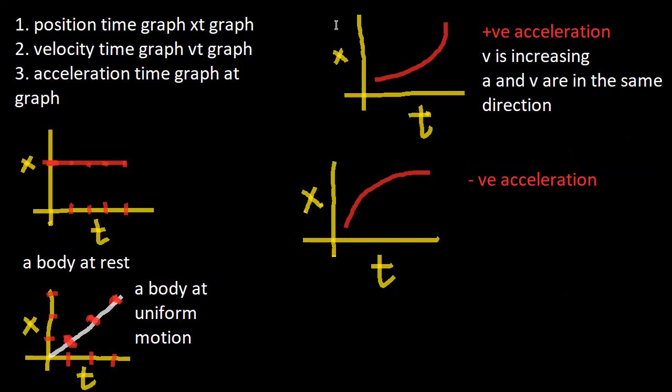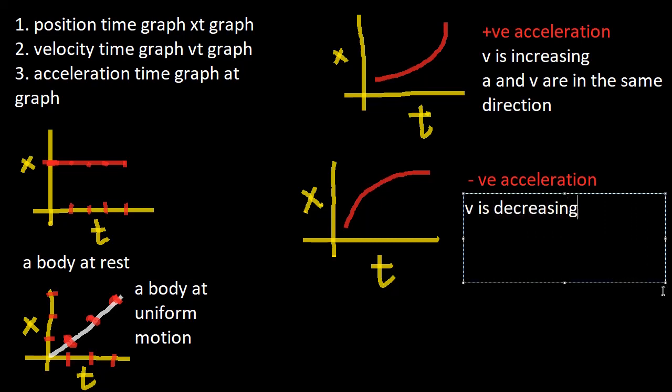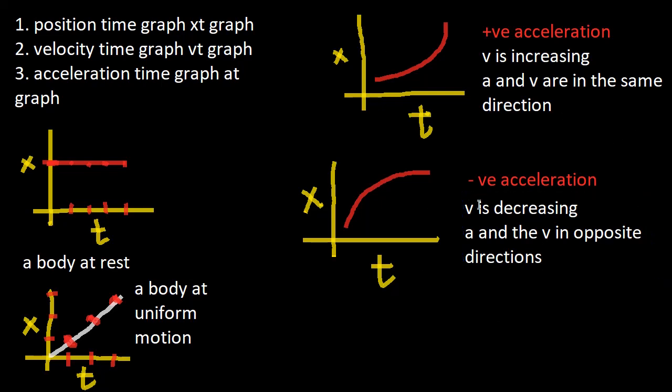Negative acceleration means that the velocity is decreasing, and when v is decreasing, we have the acceleration and the velocity in opposite directions, right? So these two graphs are for non-uniform motion, while the previous graph is for uniform motion.